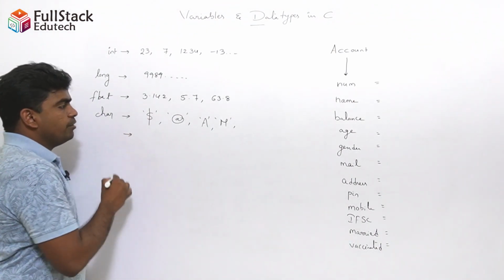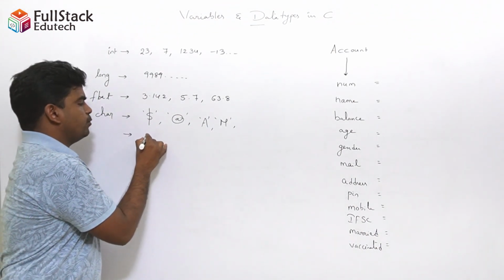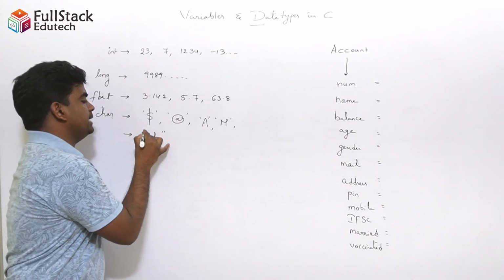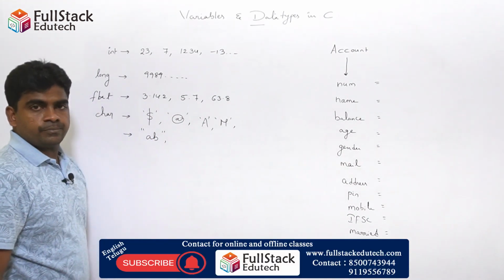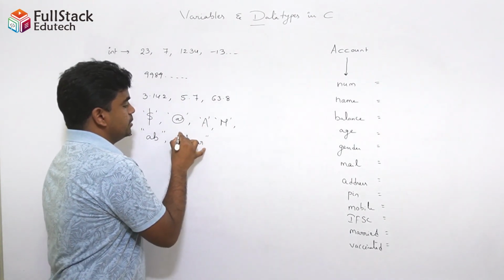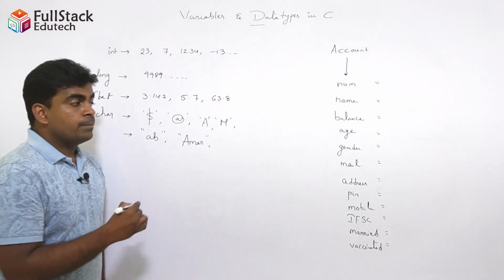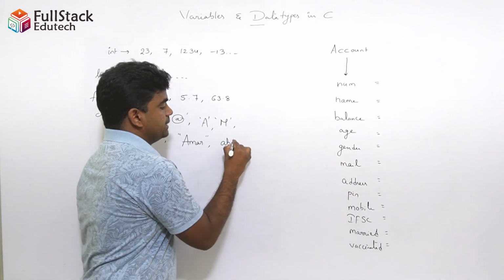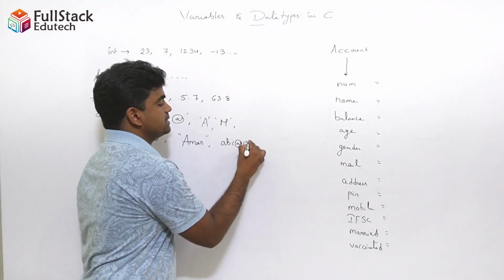Next one, a collection of characters. If I want to store two or more characters, then you should put them in double quotes. For example, a name I want to store is a collection of characters, so put it in double quotes. A password I want to store has characters, symbols, digits, everything.